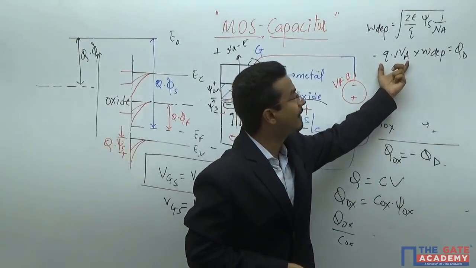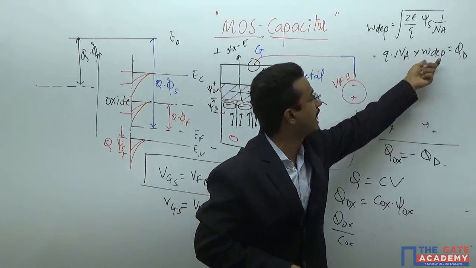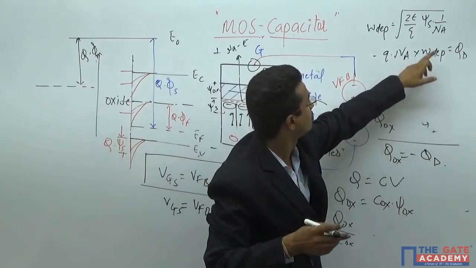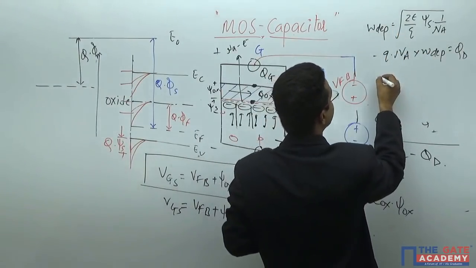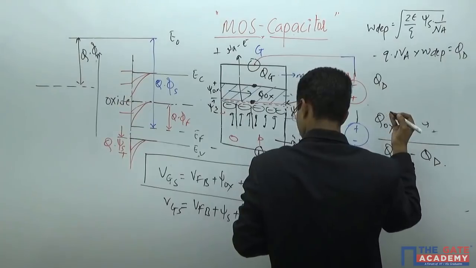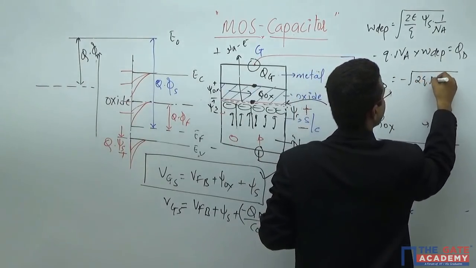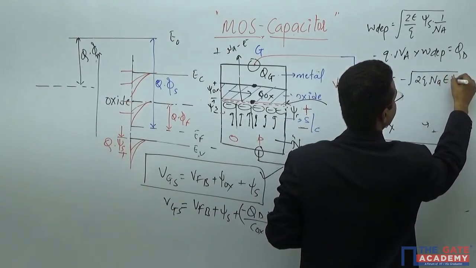This is a volumetric charge density, and you have multiplied by one dimension, so this becomes per unit area. So QD will become minus root over 2Q NA epsilon into psi S.